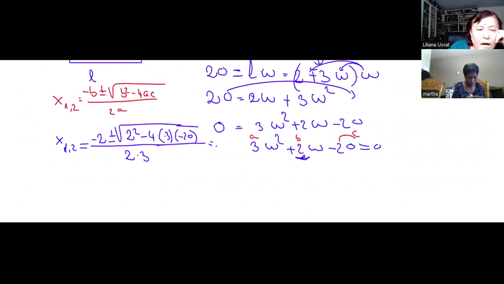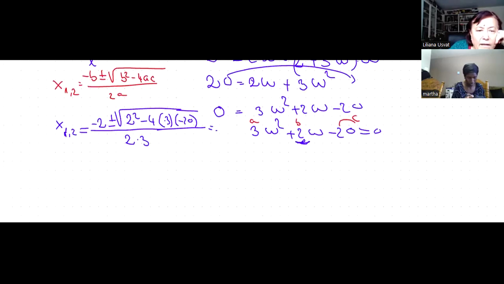Equal minus 2 plus minus square root of 4 times 3, it's 12, times 20, 240, minus and minus it's plus, 244 square root.